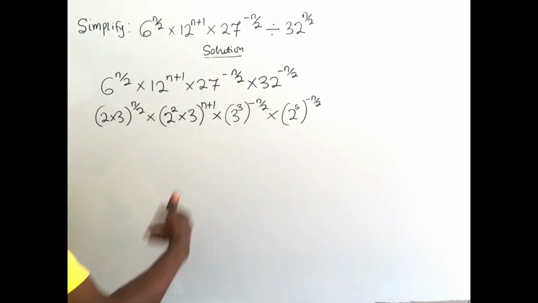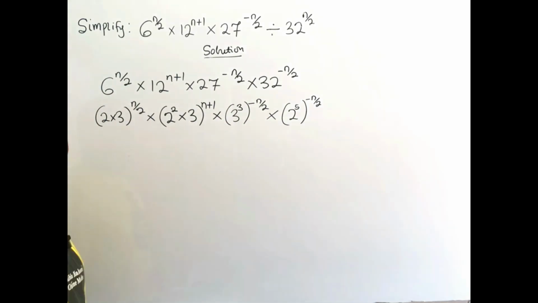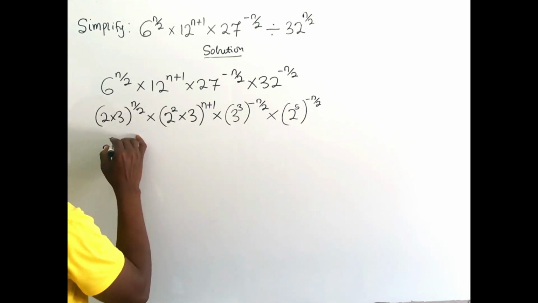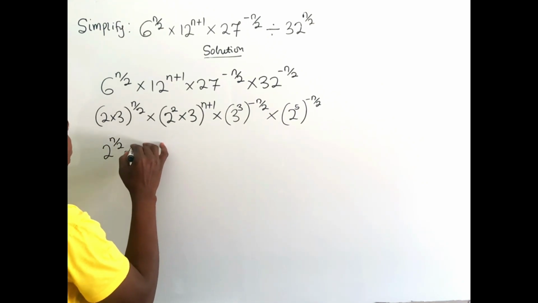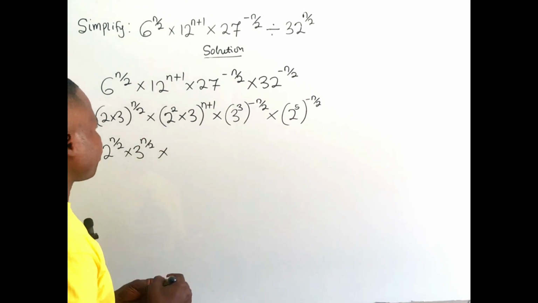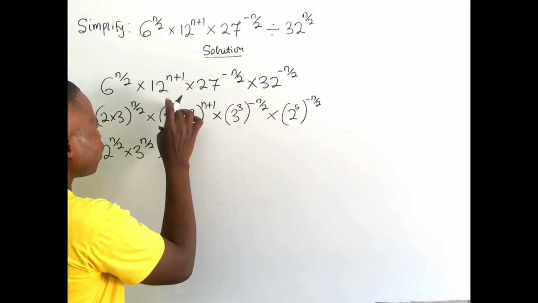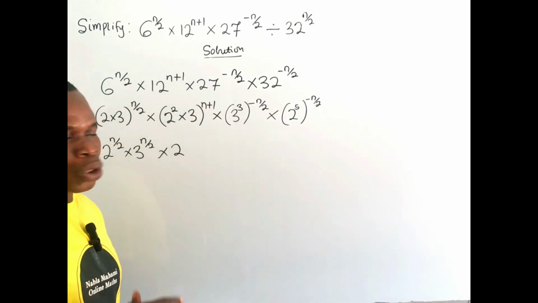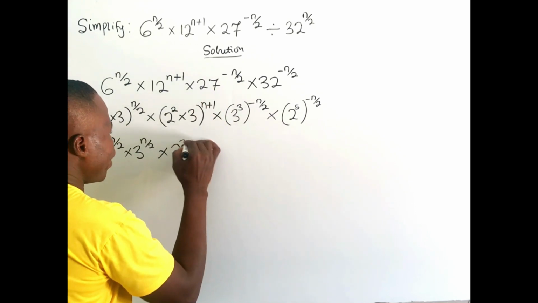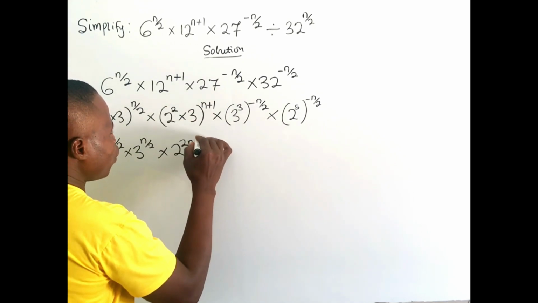Now, I can distribute the powers to the numbers inside the brackets. Here will now be 2 exponent n over 2 times 3 exponent n over 2 times this 2. You know that this power is 2 and here is n plus 1, so I will quickly multiply these powers. 2 times n is 2n. 2 times 1 is 2.